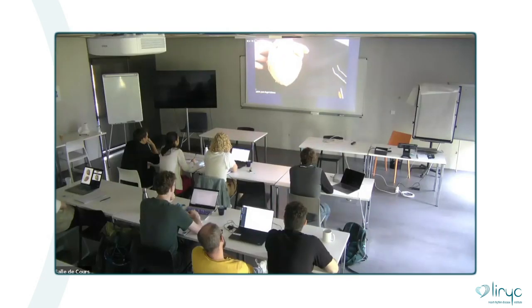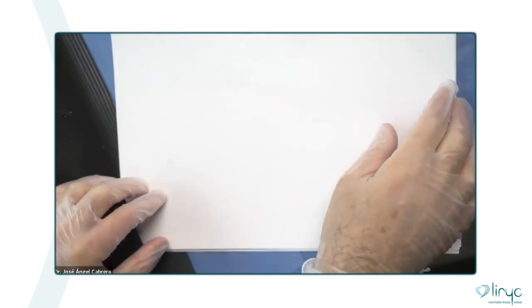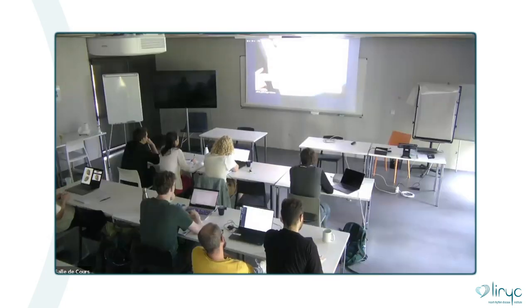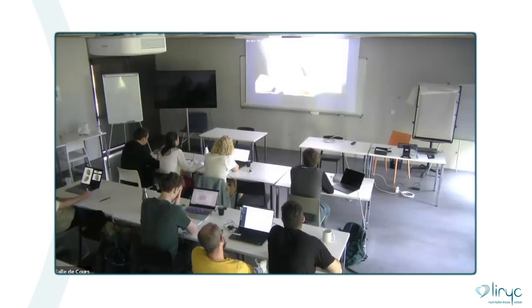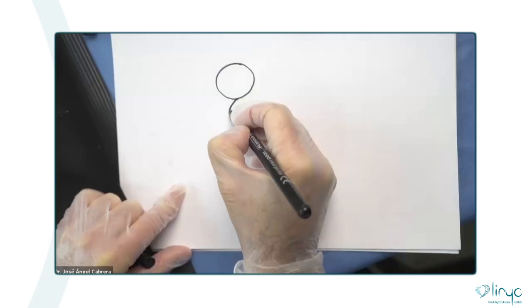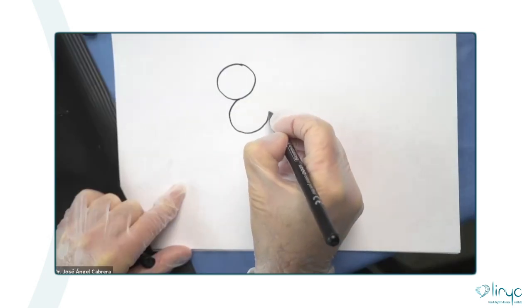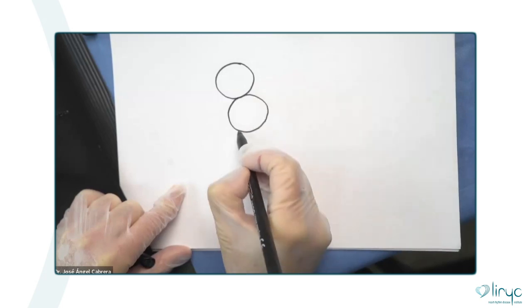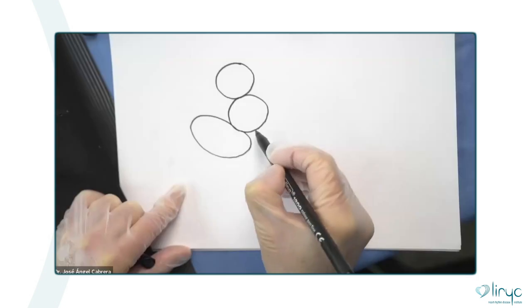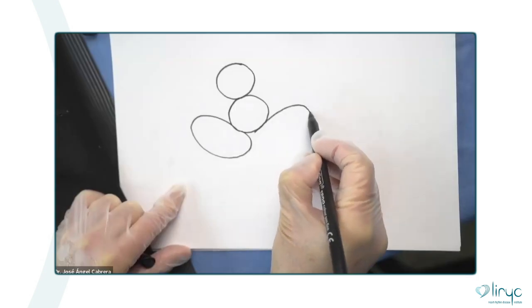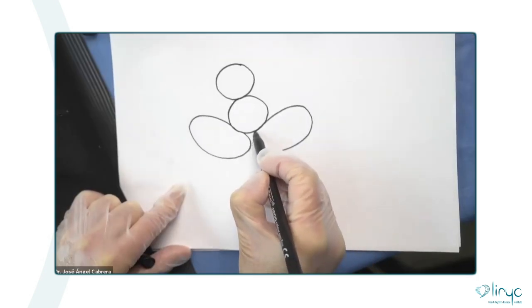If we go to a drawing, you can see here a cross section. Let's try to see that this is the pulmonary valve, the aortic valve, the mitral valve, and the tricuspid valve.